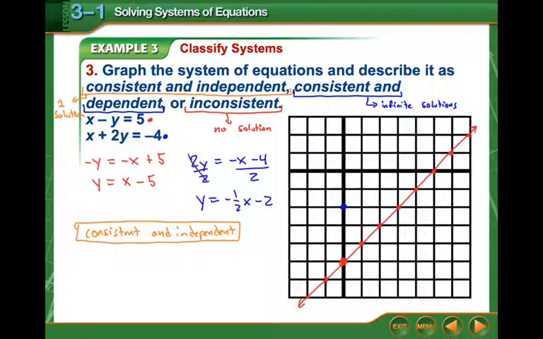Slope is negative 1/2. So our solution is down here at 2, negative 3. And there we go. The next one's for you guys to try.